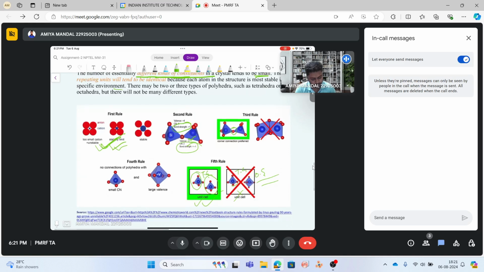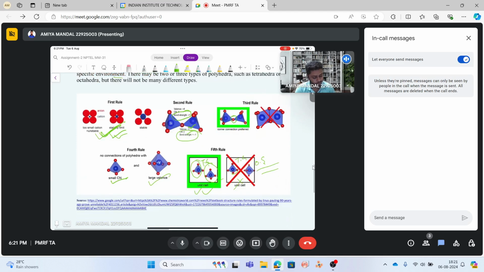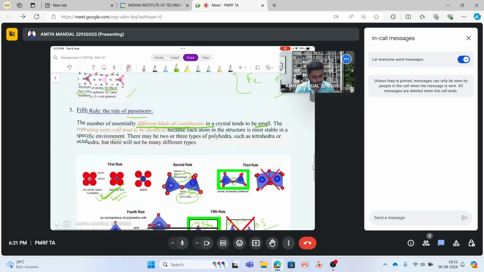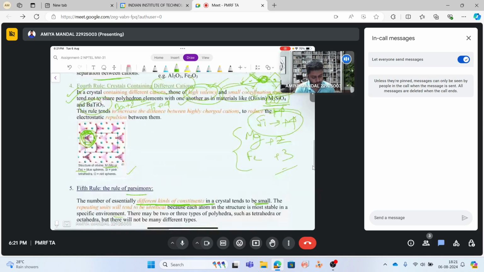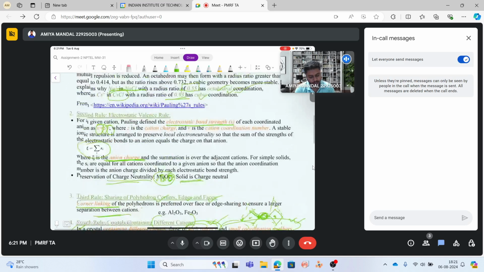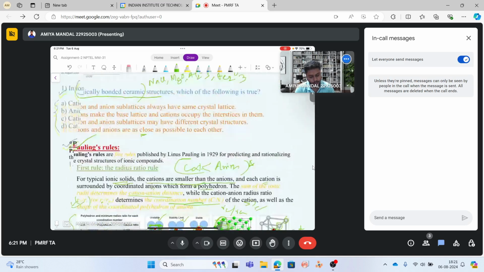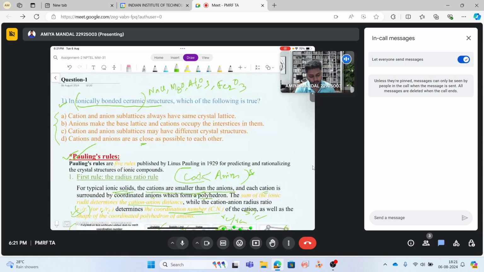The fourth rule is telling about small cation coordination number and large valency. And the fifth rule is telling about not many different types of structures, like polyhedron, tetrahedron will be eligible. Okay, so based upon these five laws, we can now answer question number one.